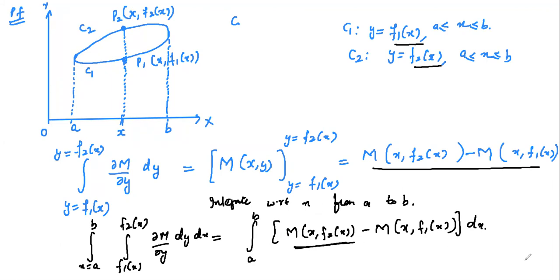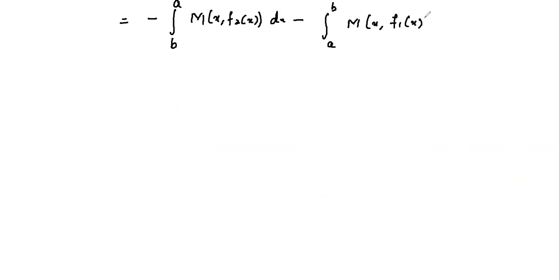So it will be equal to minus the integral with limits from b to a of M(x, f2(x)) dx, minus the second integral as it is, M(x, f1(x)) dx. तो लेफ्ट साइड पे हमारे पास वैल्यू थी इंटीग्रेशन from a to b, f1(x) to f2(x), ∂M/∂y dy dx.